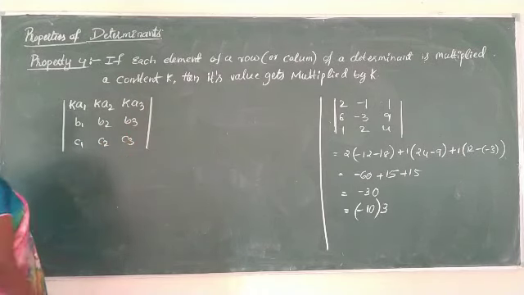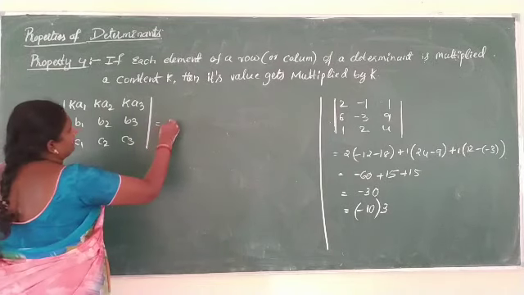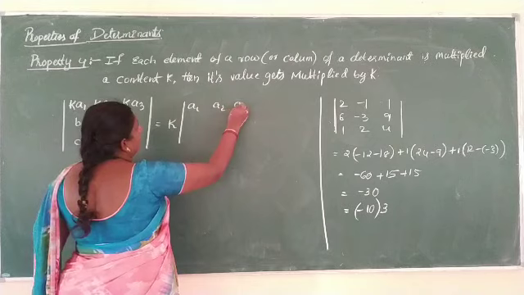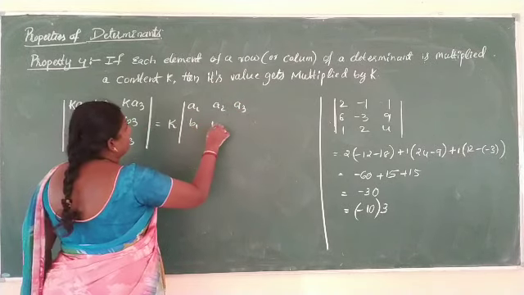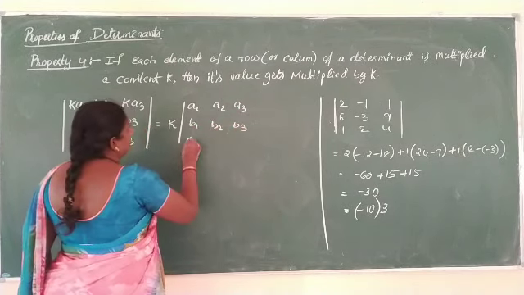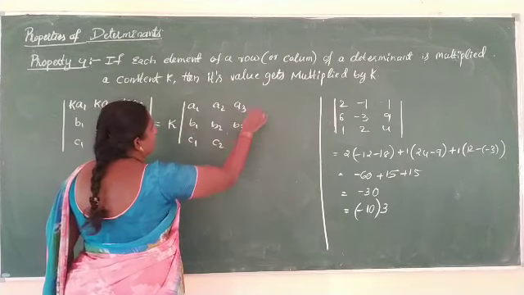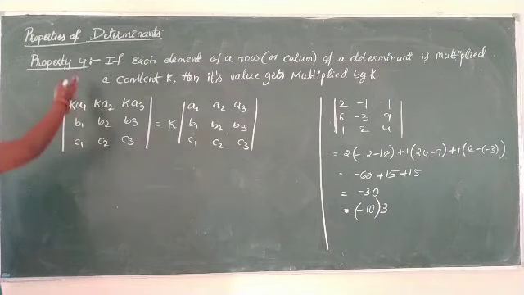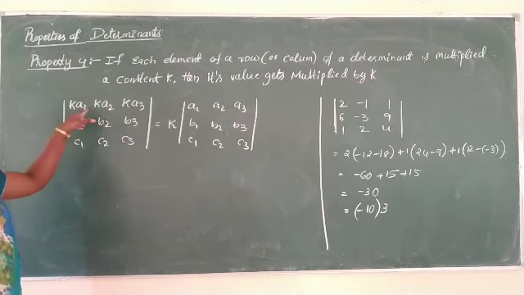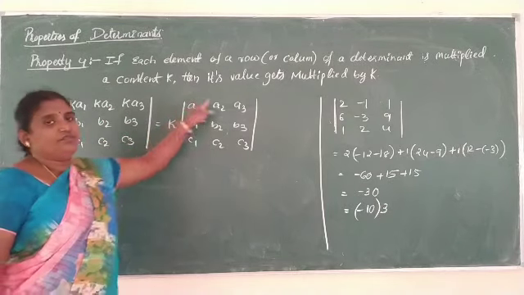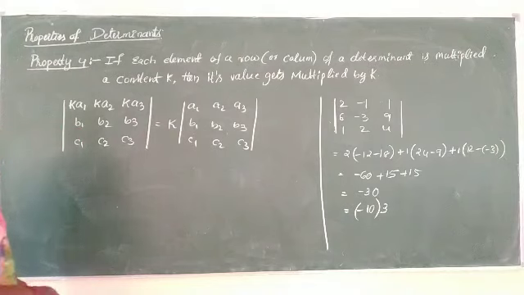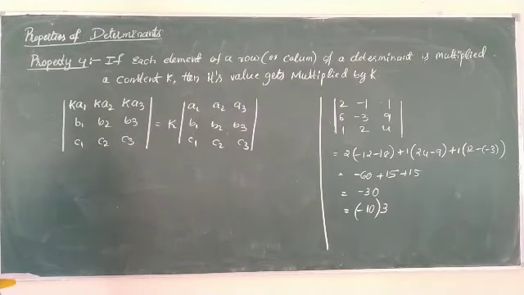The statement is this: each and every element of the row multiplied by k gives k times the total determinant. Like this we can write. This is our property 4.